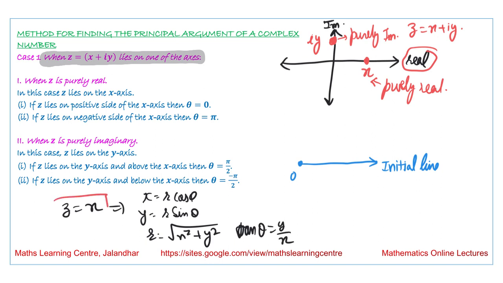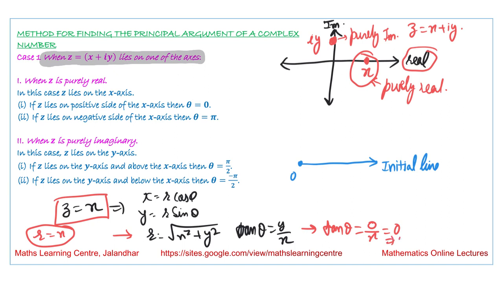So first we are talking about the number z is equal to x, that is purely a real number. In this case, the value of r will be equal to x, and tan theta will be, the value of y we have is 0 over x, that is equal to 0.